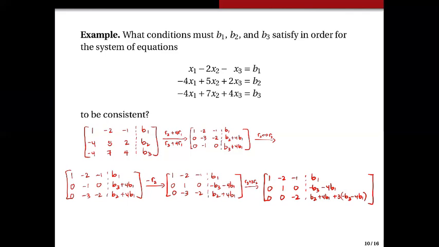So anyway, we divide by -2, so -1/2 R3. We will have here still 1, -2, -1, and then B1.